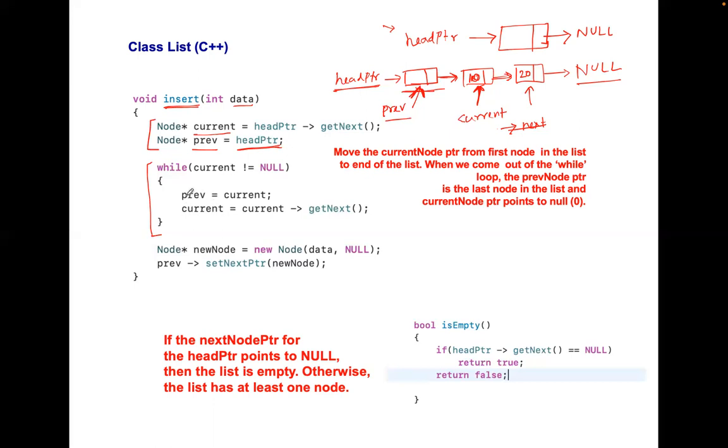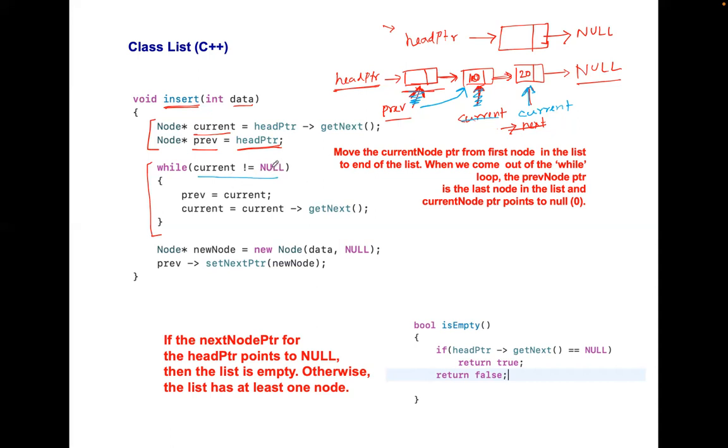In the next iteration you can see that I'm going to move previous, let's use a different color, so that will now point to this one, and I'm going to move current to point to the next of current, so that will be this one. So now this one is my current, this one is my previous. And that's what I am going to keep doing until the current value is not null.